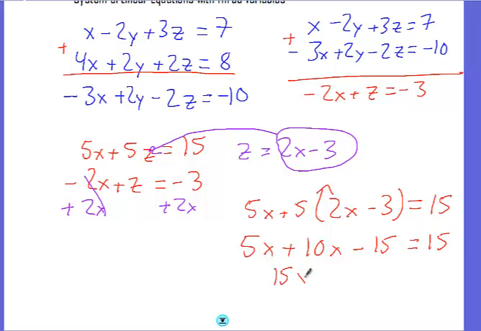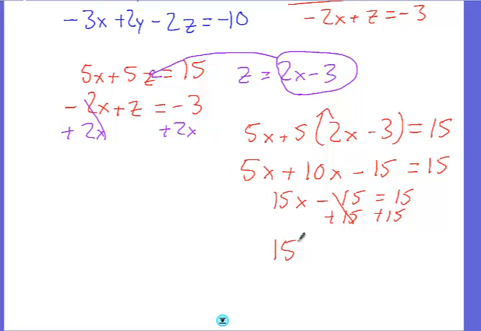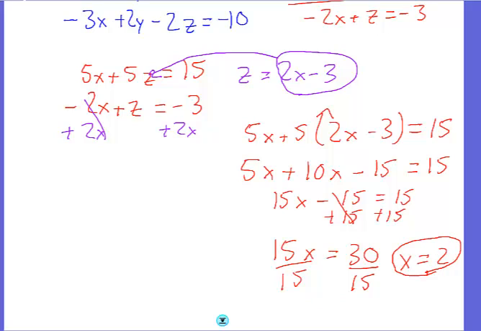We get 15x minus 15 is equal to 15. Add 15 to both sides. We get 15x equals 30. Divide both sides by 15. And x equals 2. All right. That is one variable. So we know that x is equal to 2.